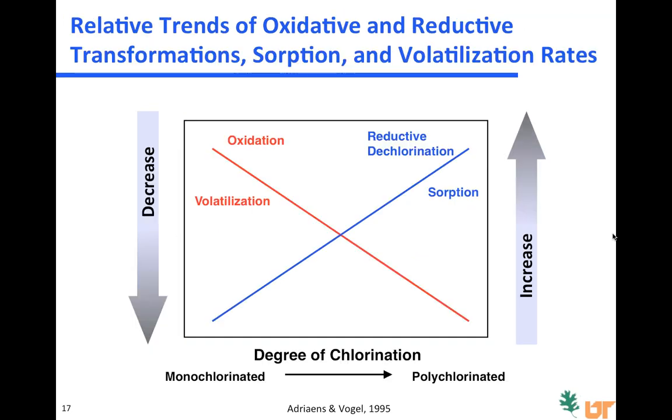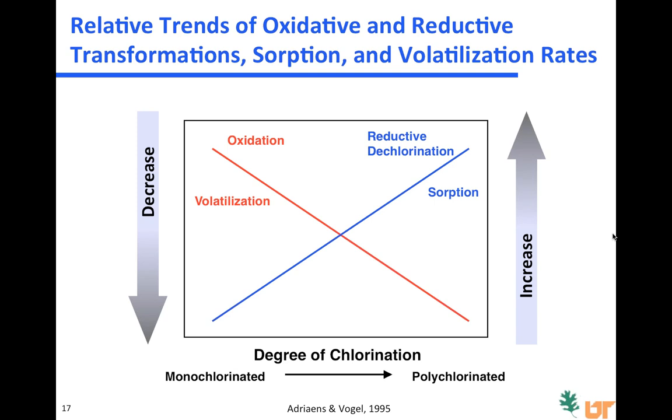This is again illustrated in the next slide, where you see the relative trends of oxidative and reductive transformation, and here also sorption and volatilization rates. On the x-axis, on the left-hand side, you have a low degree of chlorination. On the right-hand side, you have polychlorinated chemicals.